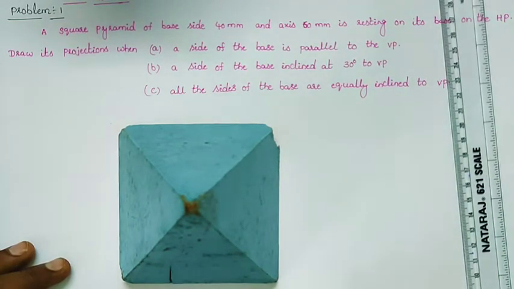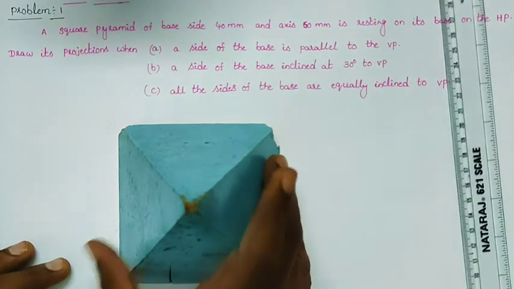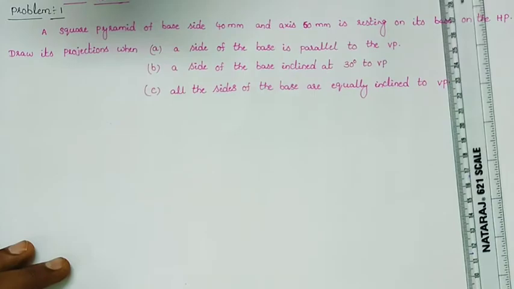Whenever a pyramid or a prism has its base on the HP, we can assume the axis is perpendicular to the HP, and draw the base as the top view of our diagram.